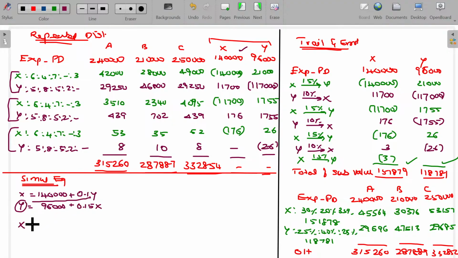X is equal to 1,40,000 rupees plus 0.1 of the y equation is going to be replaced here: 96,000 plus 0.15x. Simultaneous equation is converted into single factor equation. So the value being 1,40,000 rupees plus 9,600 plus, sorry, this is 0.15.